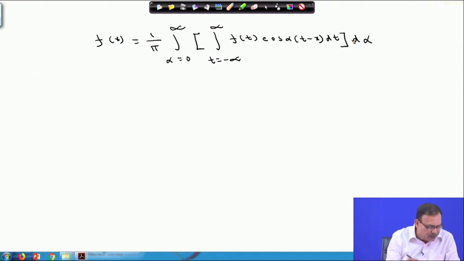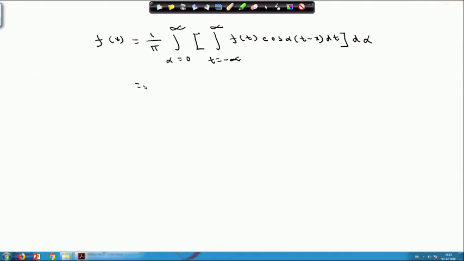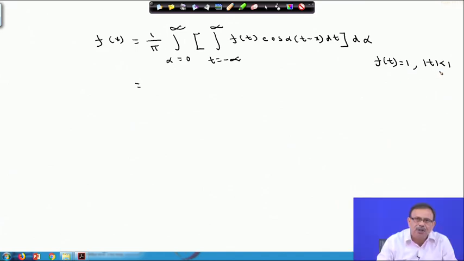Let us evaluate this one. Please note that f(t) is 1 whenever |t| is less than 1, because f(x) was 1 whenever |x| is less than 1 and 0 whenever |x| is greater than 1. So I will only consider the part where f(t) equals 1 for |t| less than 1.